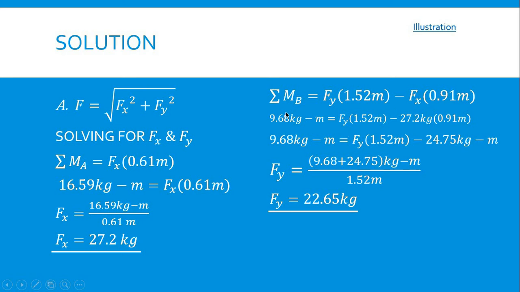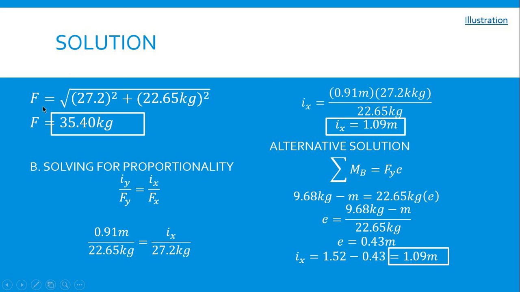Substituting, 9.68 kg/meter is equal to F of Y multiplied by 1.52 meter minus 27.2 kg multiplied with 0.91 meter. 9.68 kg/meter is equal to F of Y times 1.52 meter minus 24.75 kg/meter. F of Y is equal to 22.65 kg.